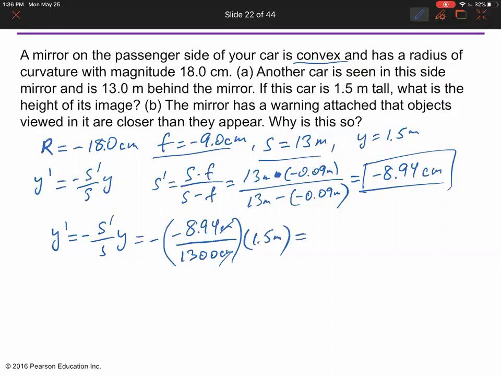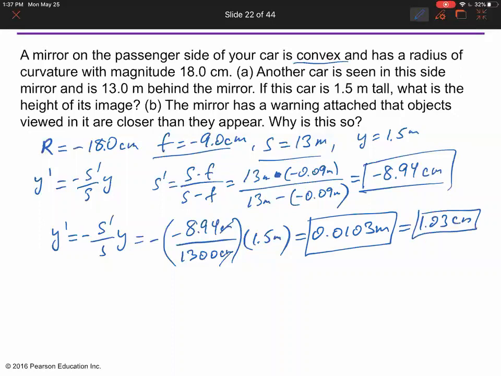If we calculate this, for y prime we get 0.0103 meters, which means it's 1.03 centimeters.